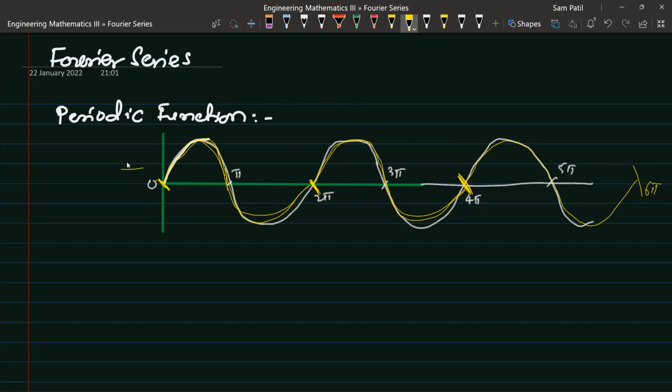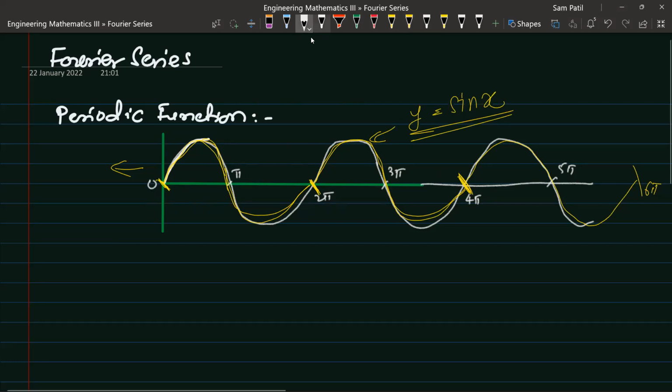If we extend this curve before 0 also, the scenario is the same. This is the curve of y equal to sin x, so this curve is repeating after a 2 pi interval.